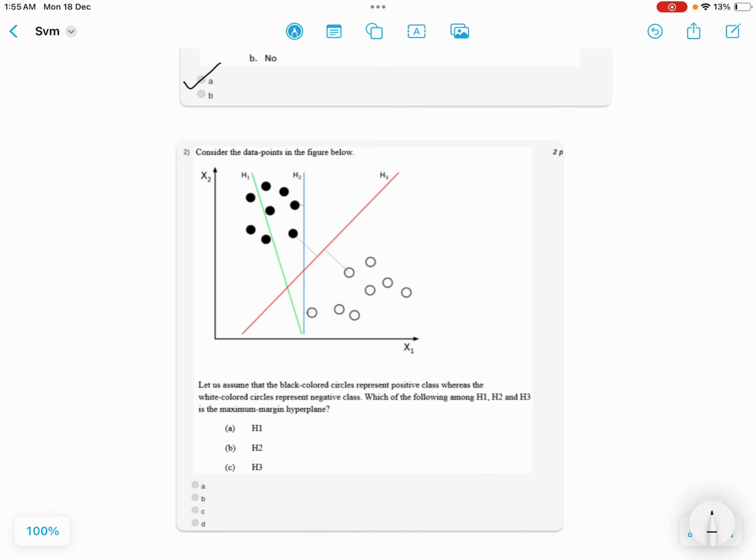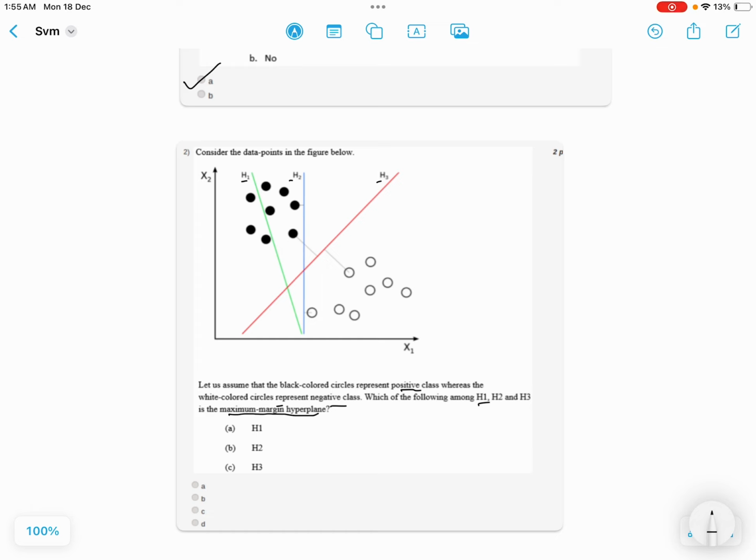Consider the data points in the figure. We are given these data points, and you see that we have different hyperplanes, right? Let us assume the black colored circle represents the positive class, whereas the white circle represents the negative class. Which of the following among h1, h2, h3 is the maximum margin hyperplane?